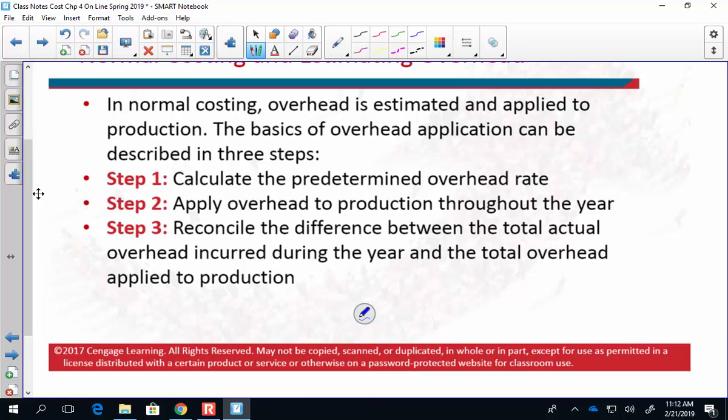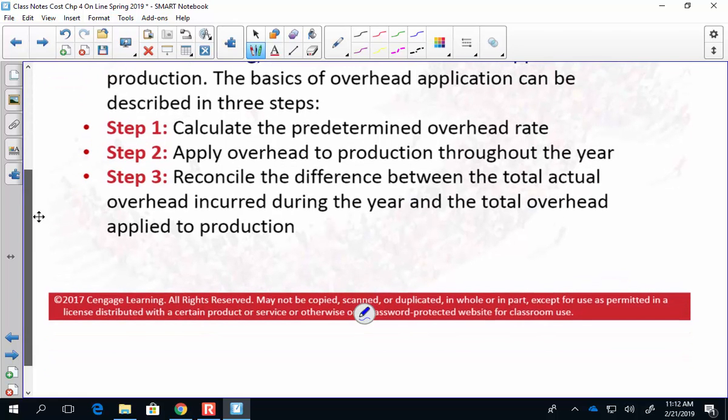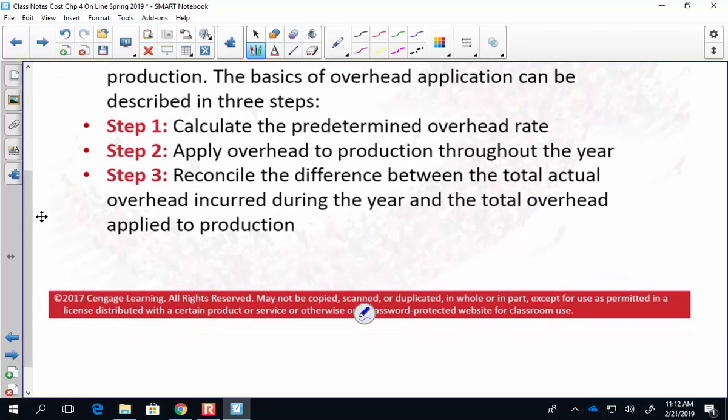So once we get out of the small mom and pop operations, this is what is done for many companies to assign their overhead. And now remember that in step 3, what happens here is we have to reconcile at the end of the year. And we're going to take a look at our total actual and compare it to our applied overhead. The difference is reconciled at the end of the year.